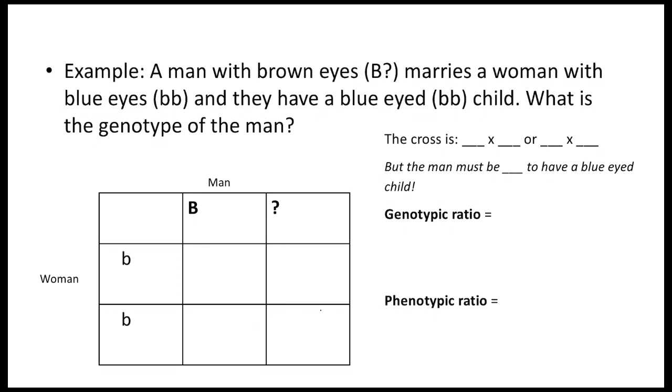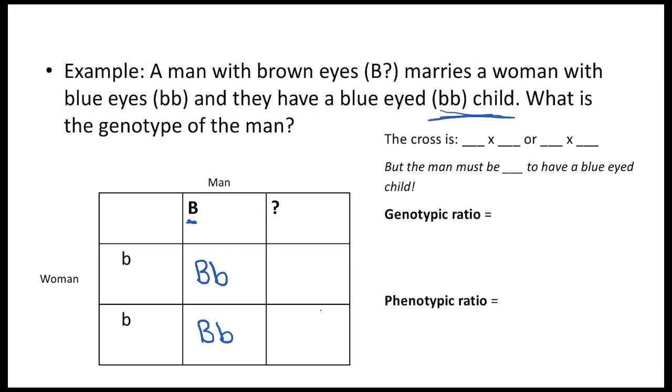So in this example, we are essentially working backwards. We are going to do the cross first with what we do know for sure. So we have this capital B here. We know for sure one of the children could be big B, little b, and another one could be big B, little b.